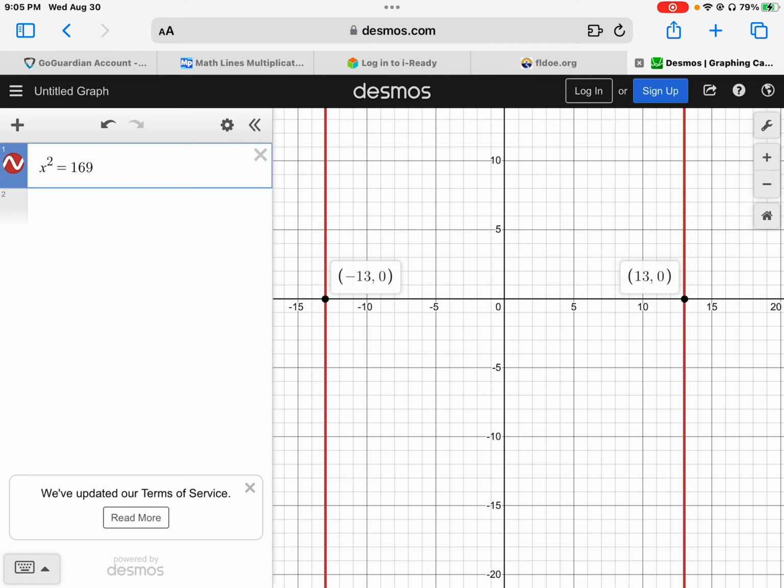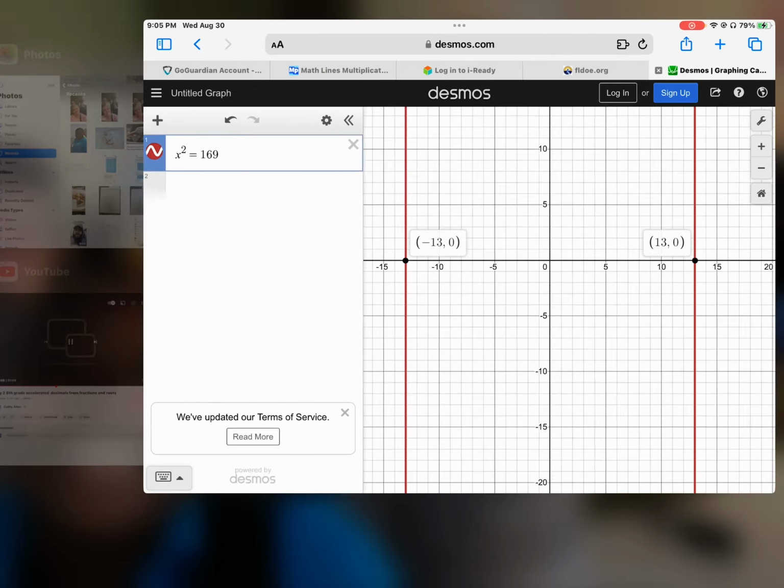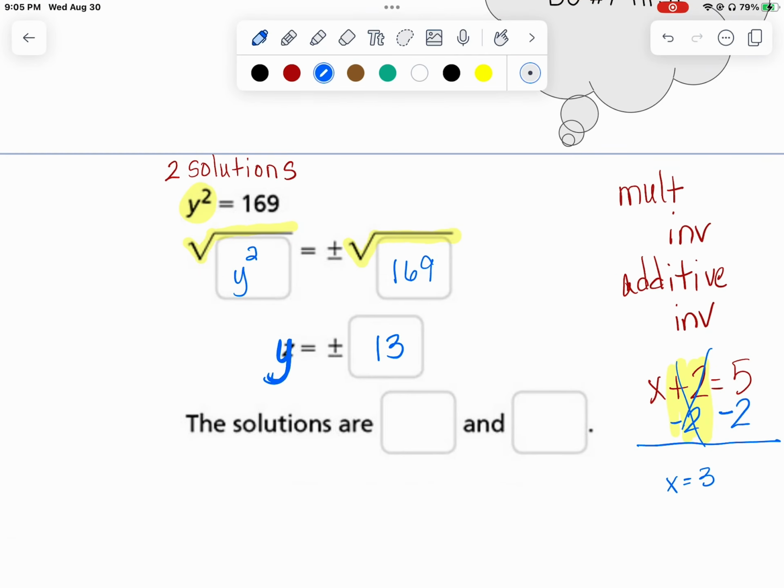Why is there a positive and negative? Well, in the world of math, squared means times by itself to get an answer. And sure enough, 13 times 13 equals 169. So that checks. But there is another solution of negative 13 times negative 13. A negative times a negative is a positive.